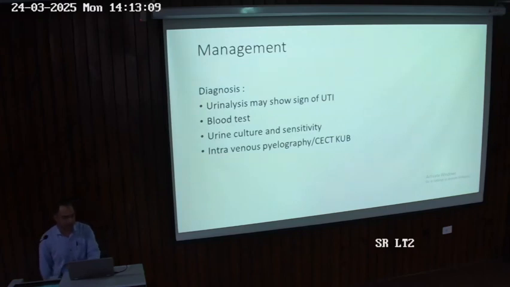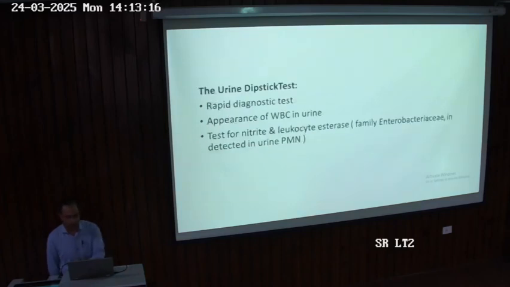In case of urosepsis, urine culture and sensitivity, and usually CECT abdomen. I already discussed the urine analysis at the start.